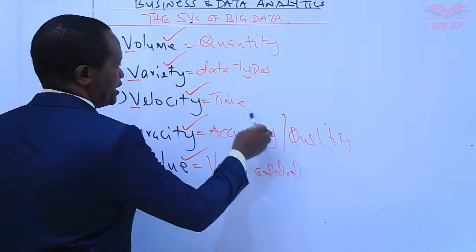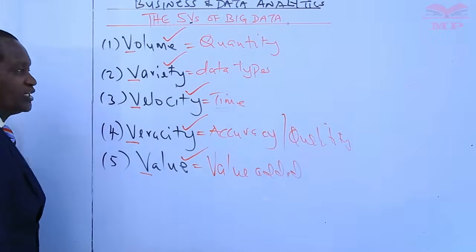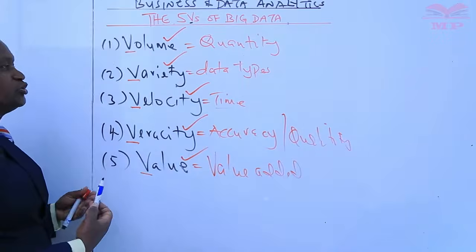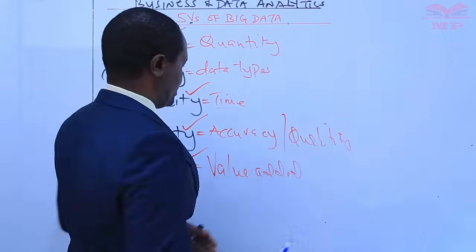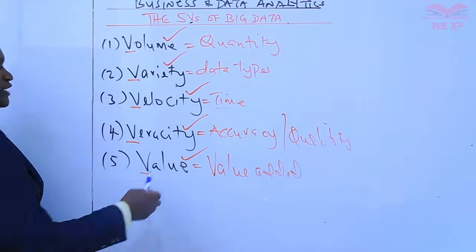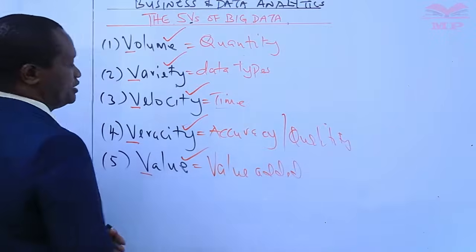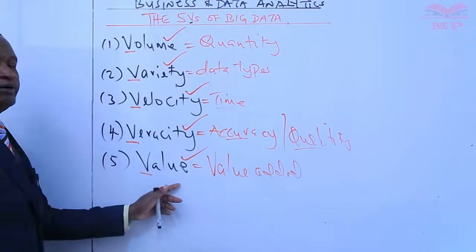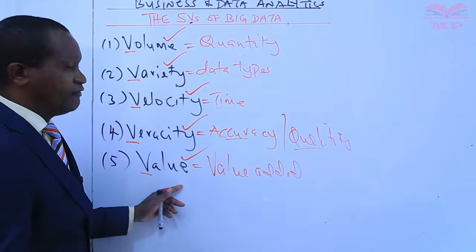Velocity refers to the time that the organization takes to generate big data and to process or analyze big data. Veracity, on the other hand, refers to the accuracy or quality of big data.